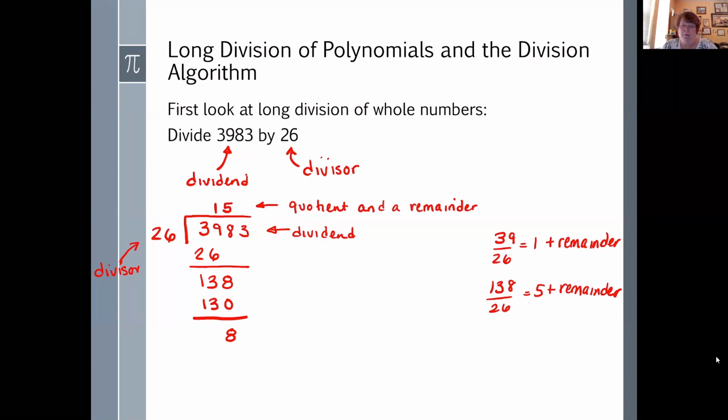I still have 1 number left up there in my dividend, a 3. I'm going to bring that straight down. So now I have a brand new dividend, 83. Again, will 26 go into 83? Yes, it will. 26 will go in there 3 times with a remainder.